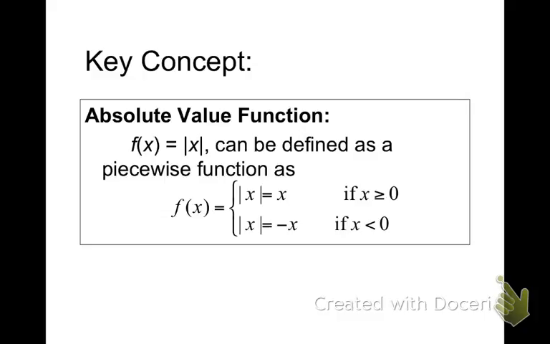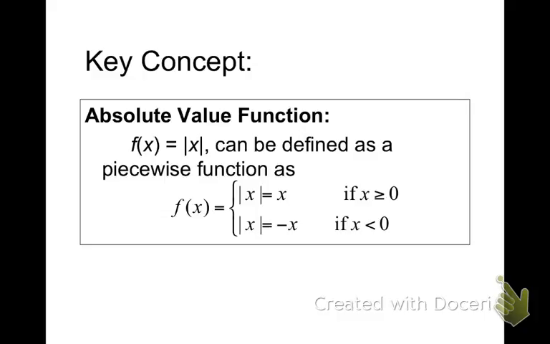But what happens when you're dealing with negative x terms, when your domain is negative numbers? Well, when you take the absolute value of a negative number, now wrap your brain around it, it really turns out to be the negative of that number. For example, if x was negative 2, what's the absolute value of negative 2?